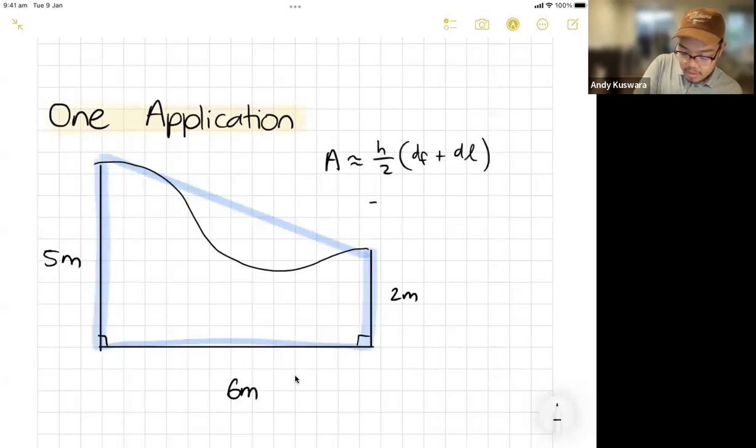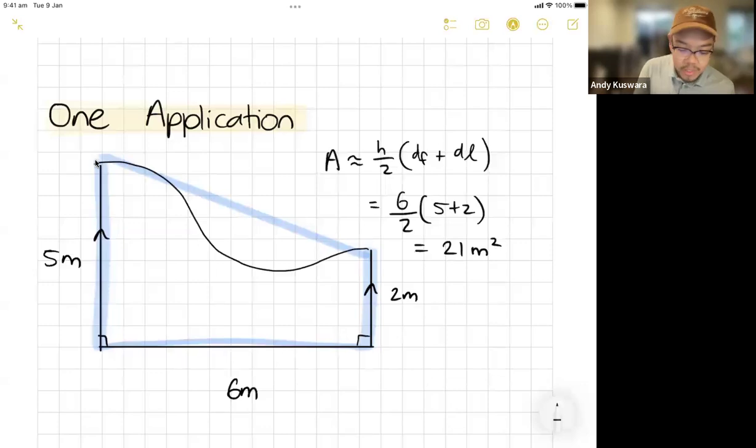In this case, my height is actually 6. Don't forget the height is not 5. That's the most common mistake people make. The 5 is actually one of your two parallel sides, so they are treated as your df and your dl. So it would be h on 2, which is 6 on 2, and then 5 plus 2. Mathematically, that would be 3 times 7, which is 21 meters squared.